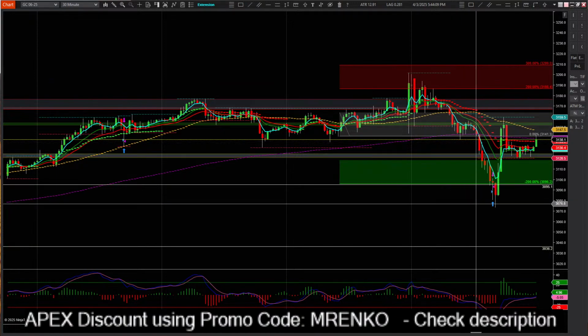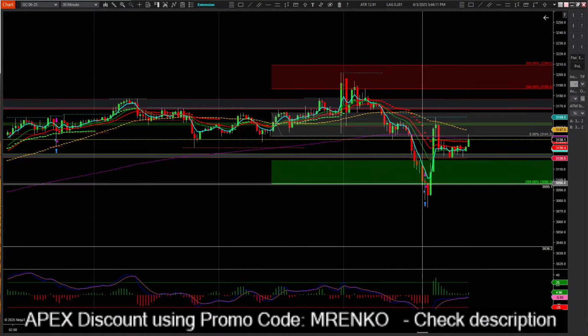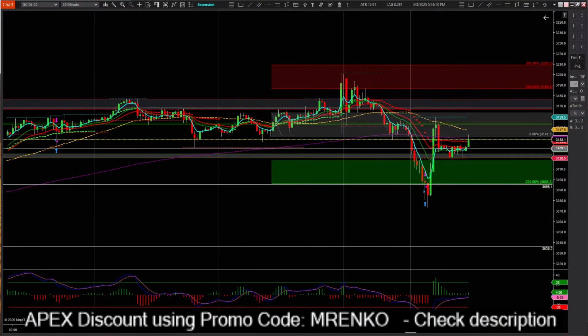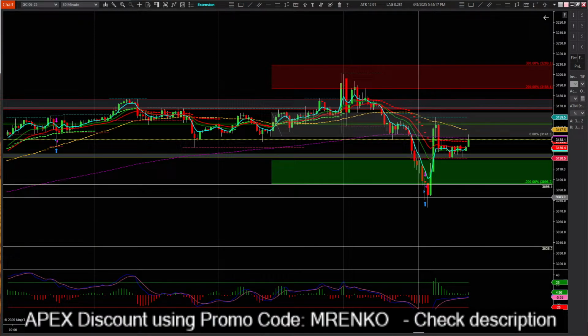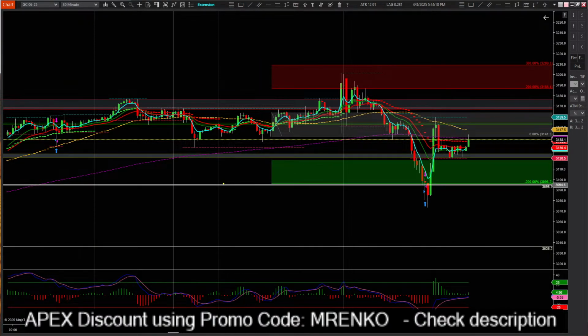So what happened here is, since it had already moved down, I was looking for a trend reversal breakdown. Just a reminder, you have lower highs and lower lows in this case, right?